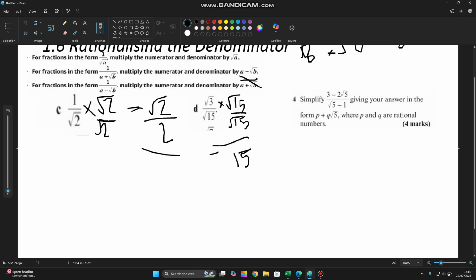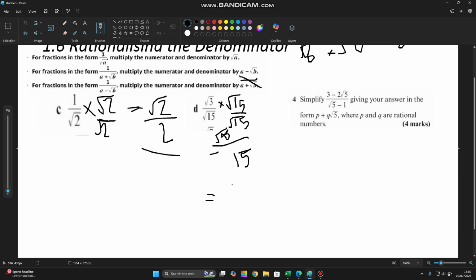And root 3 times root 15 is the rules that we looked at previously. We multiply these together, we get root 45. And root 45 can also be simplified because root 45 is root 9 times root 5, right?